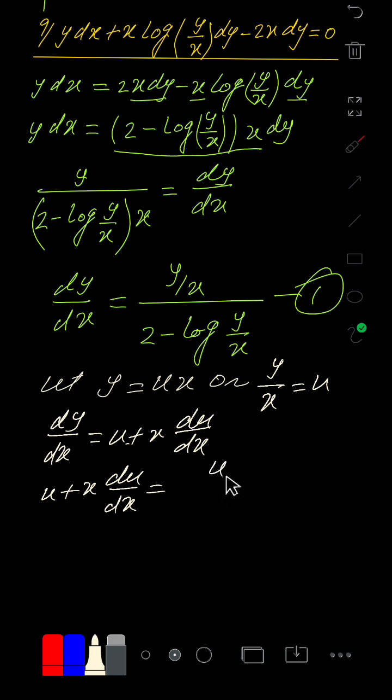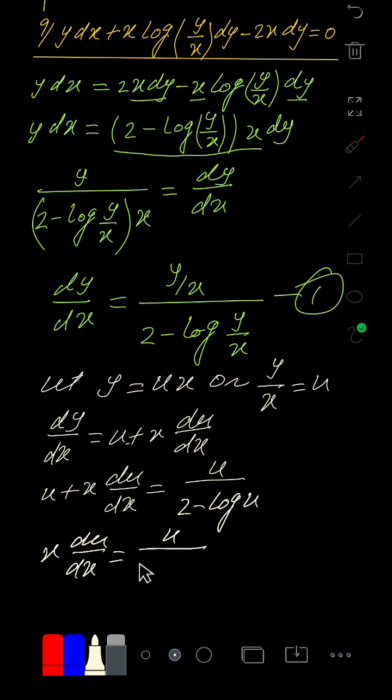So we get u upon 2 minus log u. Transposing this u to right hand side, we have x du upon dx on the left, and on the right hand side u upon 2 minus log u minus u.